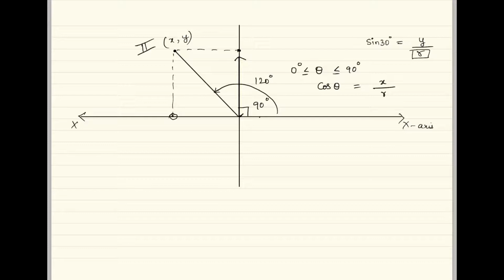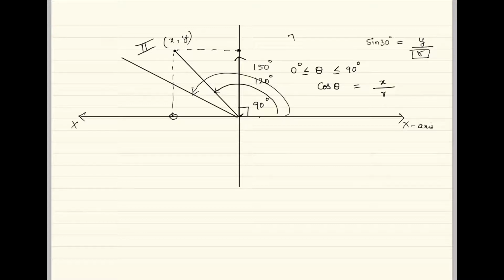For any angle in the second quadrant, sine theta is going to be positive, cos theta is going to be negative. What about 150? Let's say this is 150 degree. For 150 degree also, sine is going to be positive, cos is going to be negative. Now till where does it go? It will go till 180 degree, that is the second quadrant.